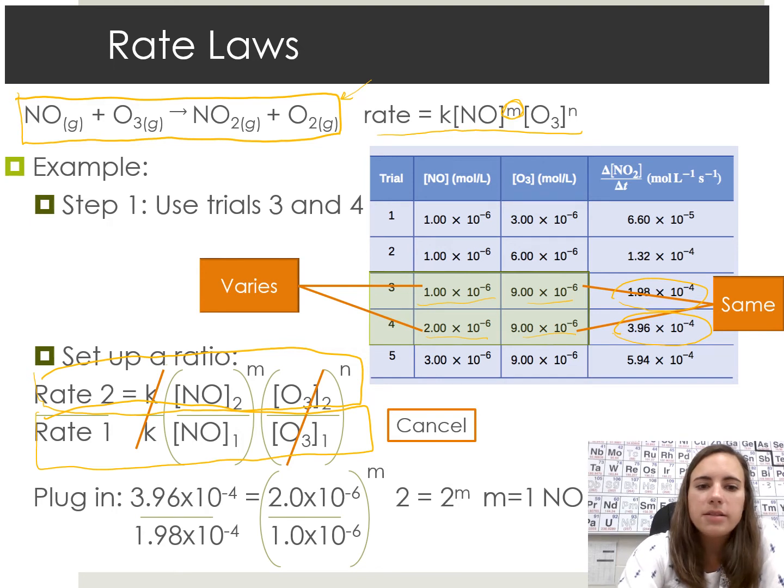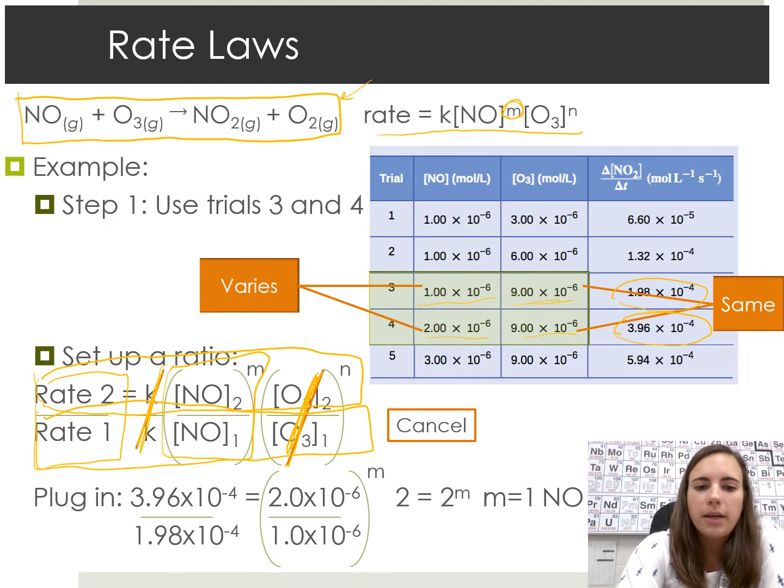We can cancel out my rate constant and this concentration because it stayed the same. So when I plug that in, they would cancel out. So I'm left with my 2 rates and then my concentrations of nitrogen monoxide raised to their order.